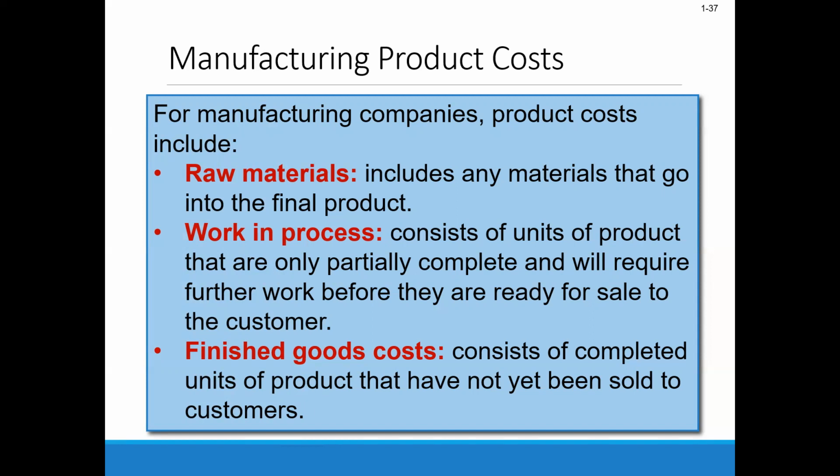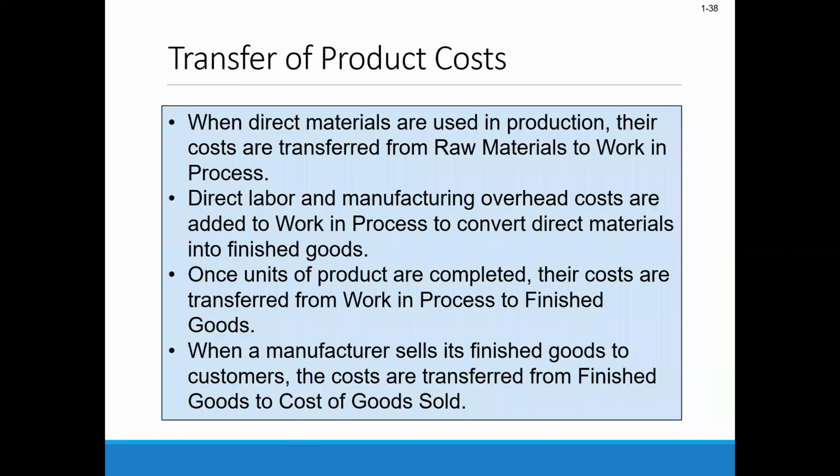So raw materials are just the raw products. It gets transferred into something called work in process as the materials are requisitioned from the different departments or the raw supplies to go into the automobiles. And then they stay as work in process until the car is complete and ready to be sold. Then it goes into a category called finished goods.